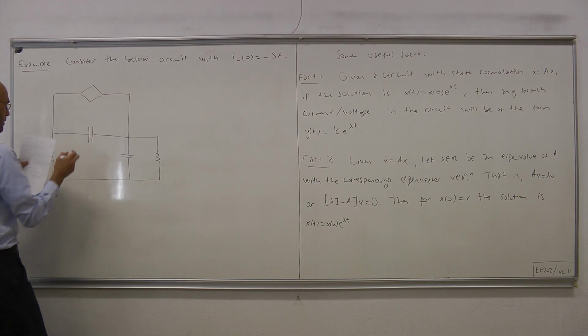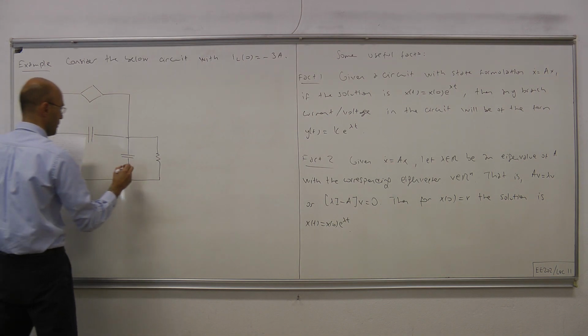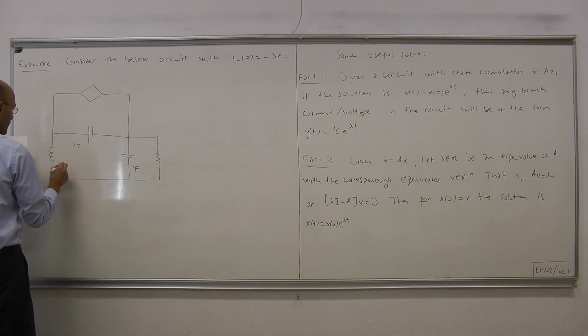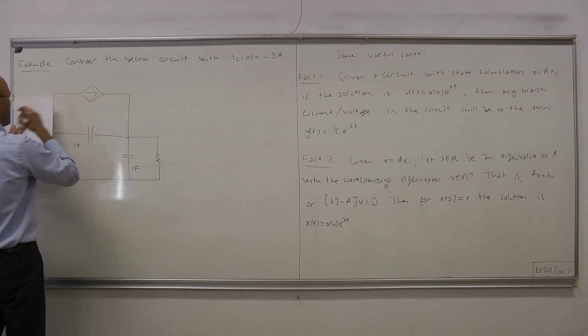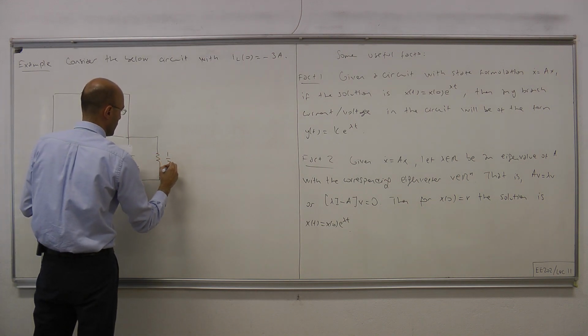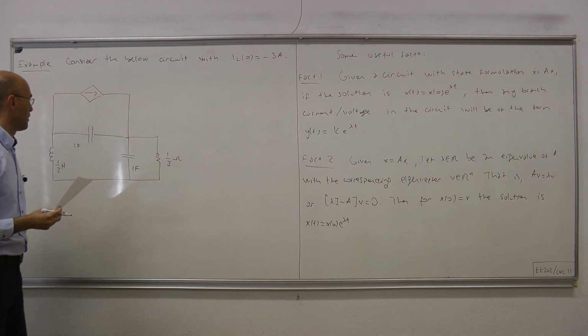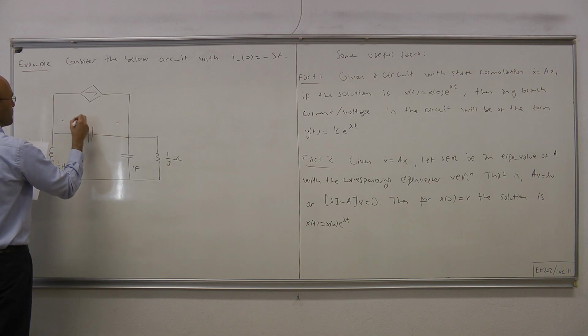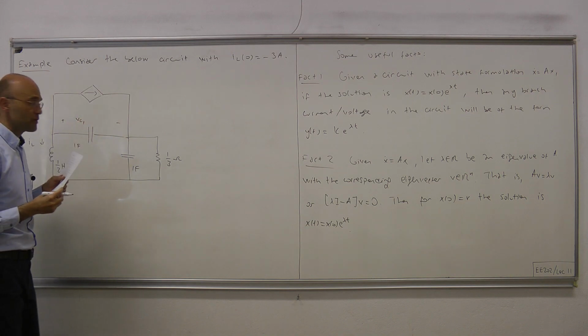Okay, 1 farad, 1 farad, 1/2 henry, and 1/3 ohms. The directions are given as follows. This is IL. This is the first capacitor voltage, VC1.